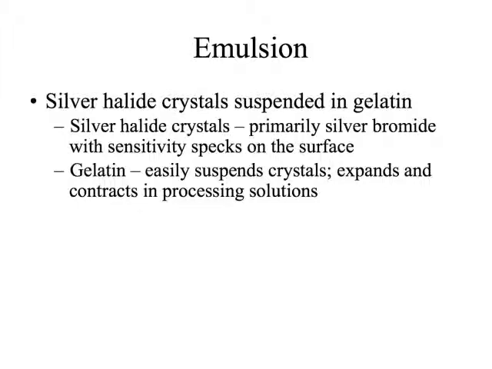The emulsion is what actually does the work of the film, right? And emulsion is primarily silver halide crystals suspended in gelatin. And yes, that is like the gelatin that you buy at the store, right? Horse hooves and things like that. But it is just a clear fluid that holds these crystals in it.